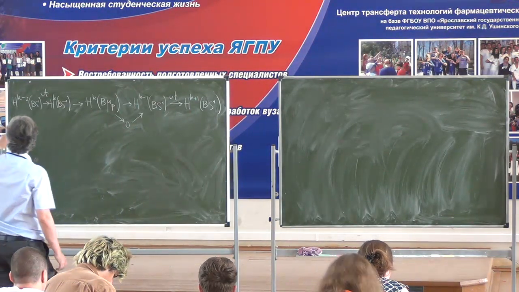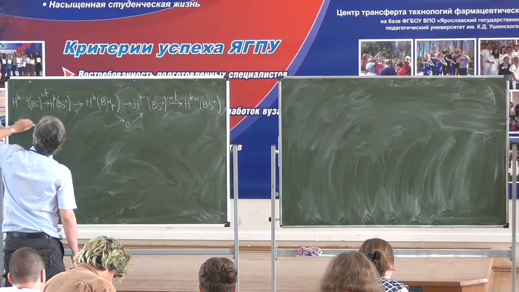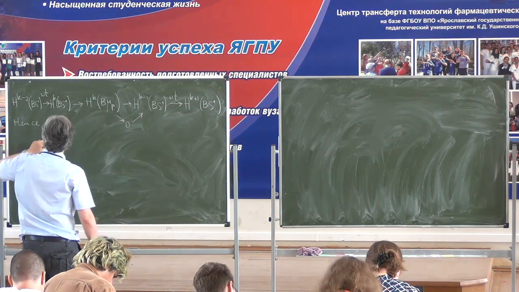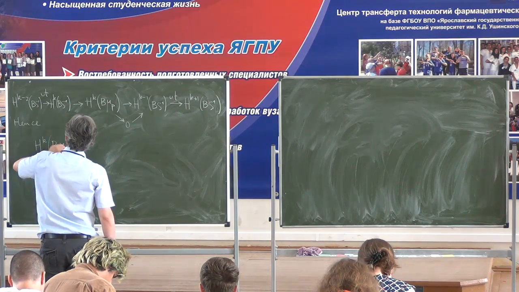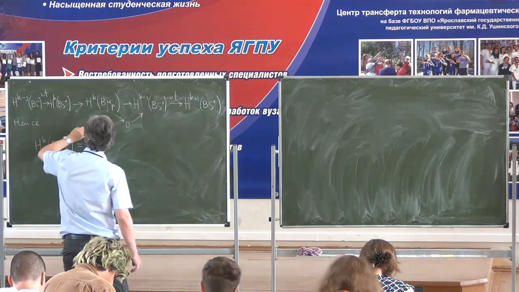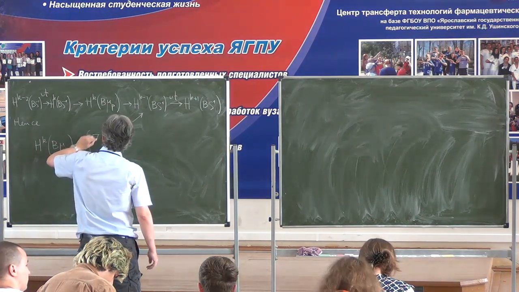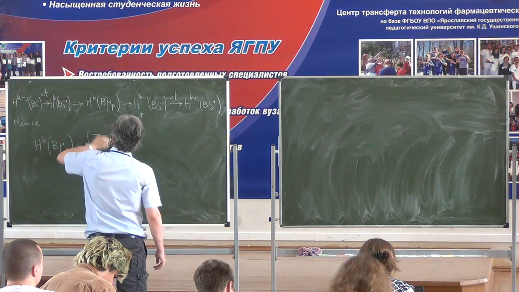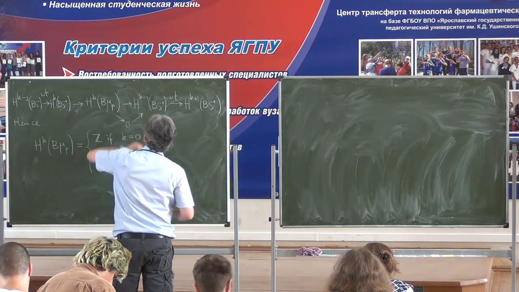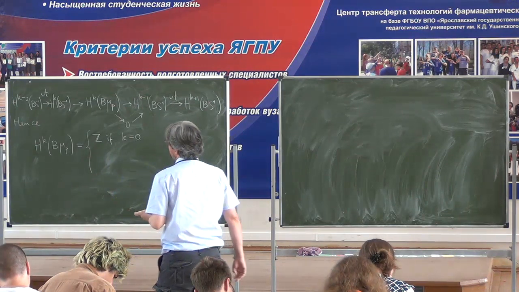And now the conclusion is that the kth cohomology of B mu p is the following one. It's Z if k is equal to 0.